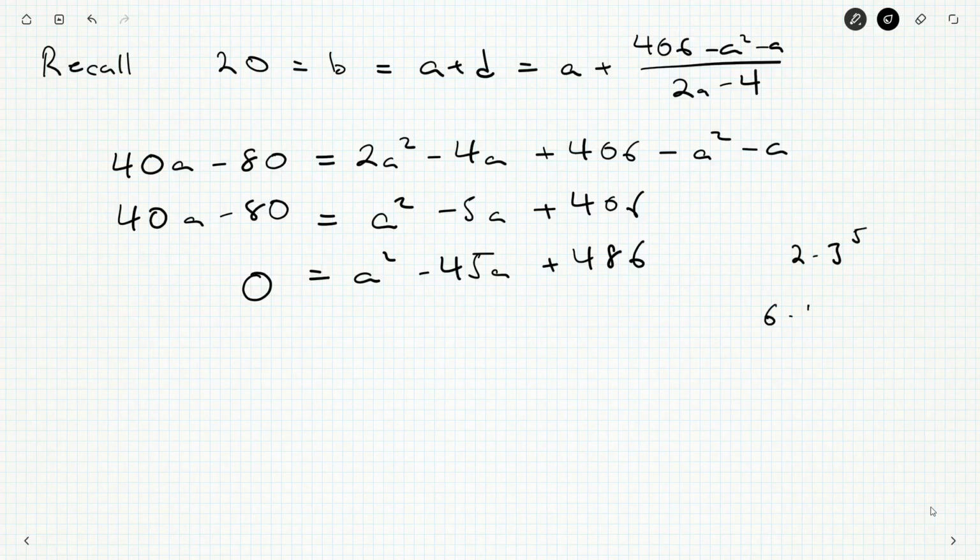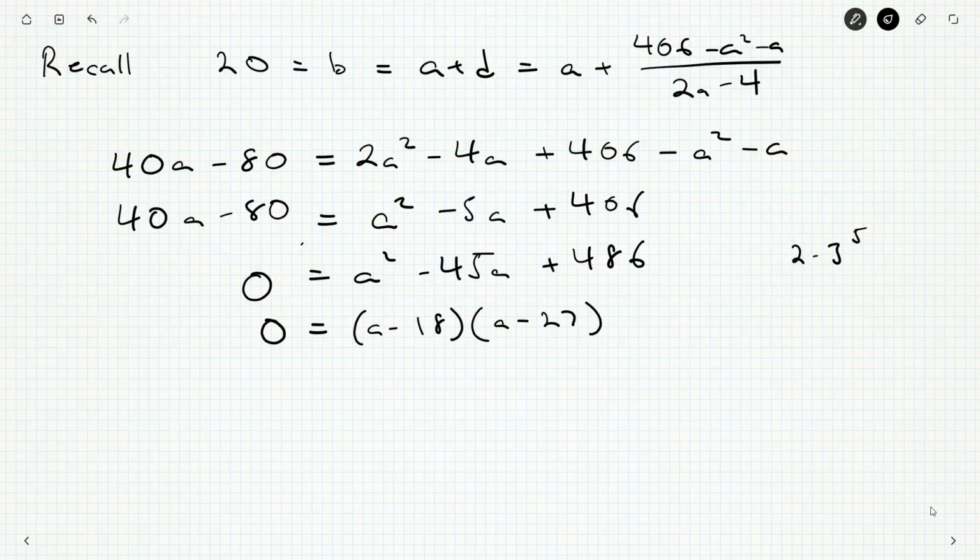So could I get 6 times 81? No, that's not going to add up. 27 and 18 does add up to 45. There we go. So 0 is A minus 18 times A minus 27.